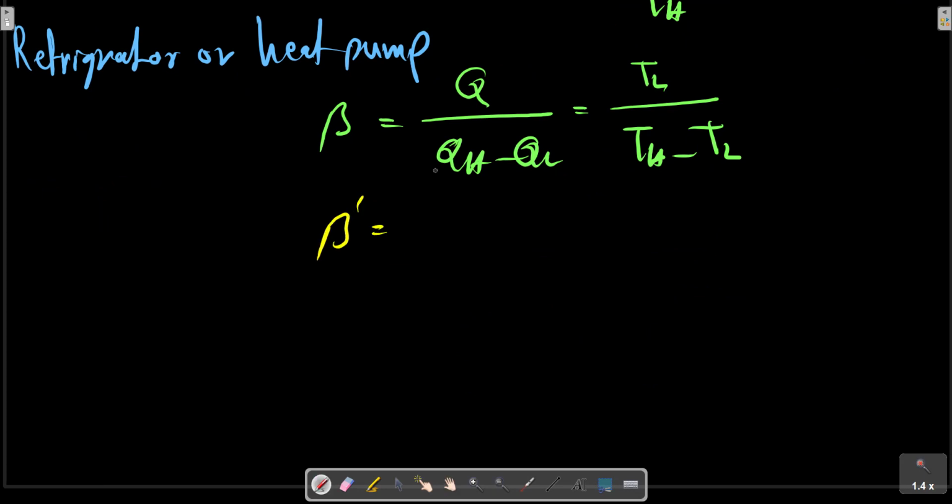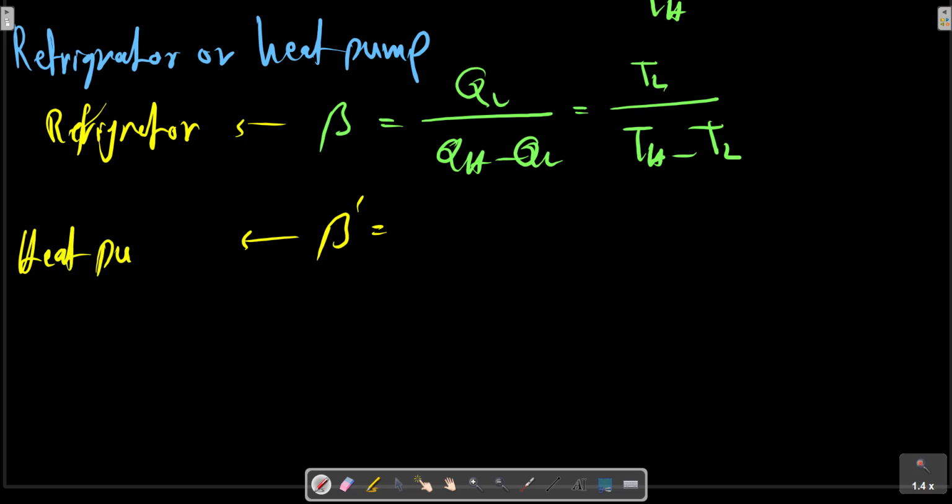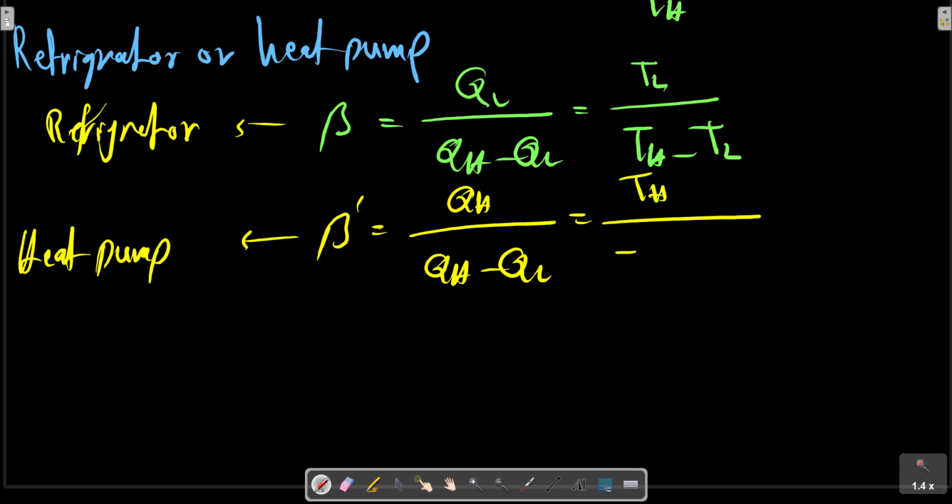Beta prime is for a refrigerator, and for a heat pump, TH on (TH minus TL).